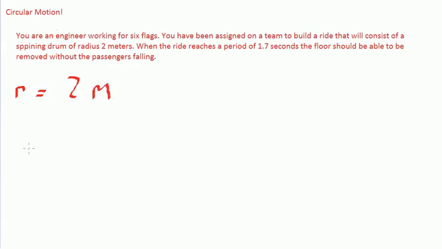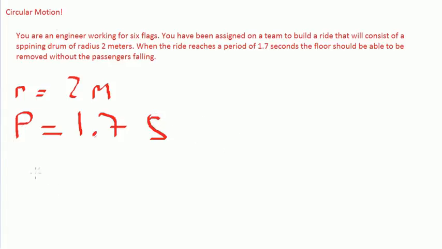And we also know that it has a period of 1.7 seconds until the floor is dropped.